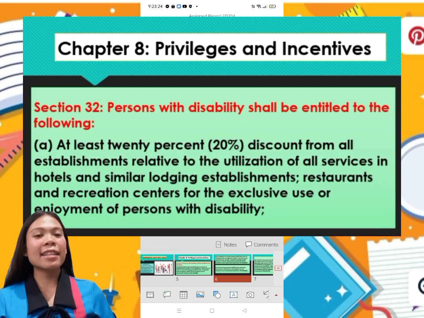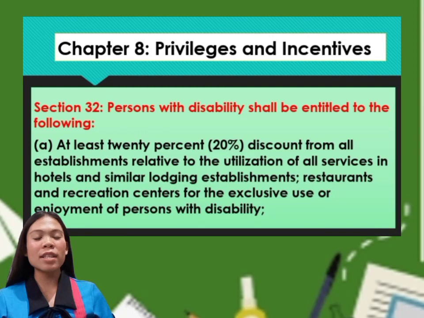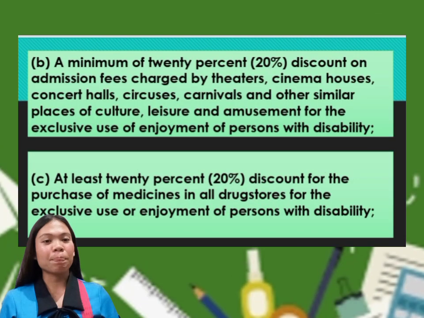Letter A, at least 20% discount from all establishments relative to the utilization of all services in hotels and similar lodging establishments, restaurants, and recreation centers for the exclusive use or enjoyment of persons with disability.